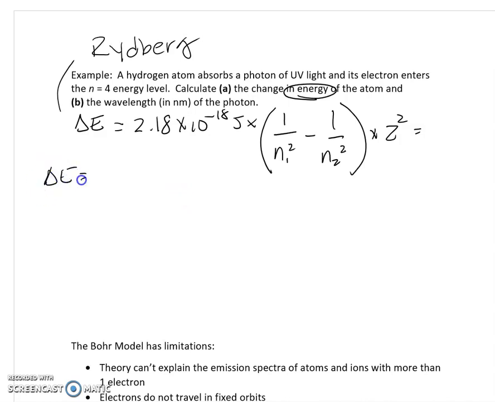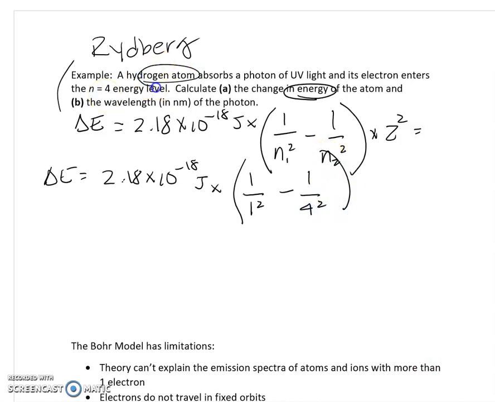So our delta E equals 2.18 times 10 to the negative 18 joules times. Now here, it enters the n equals 4. Well, where is it starting from? Well, it must start from n equals 1, right? The orbit closest to the nucleus. So 1 over 1 squared minus, and where did it go? It enters n equals 4, so 1 over 4 squared.